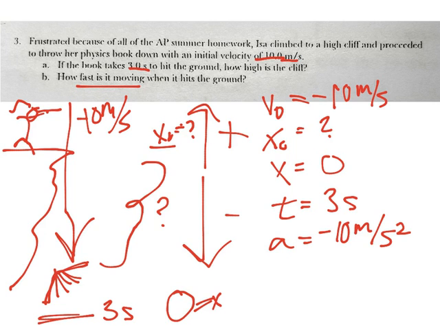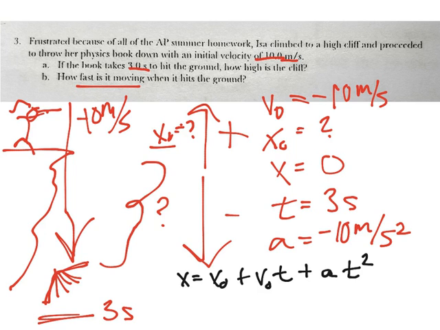Next, we need an equation that can help us with this. I'm going to make a little bit of room here. So that equation would be x equals x naught plus v naught t plus 1/2 a t squared. So you can pretty much start plugging numbers in here.